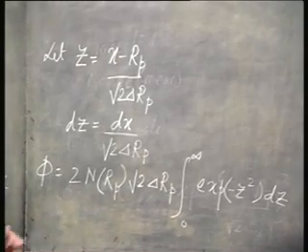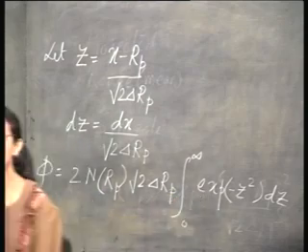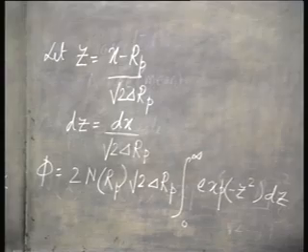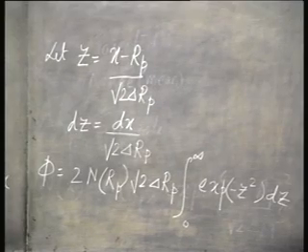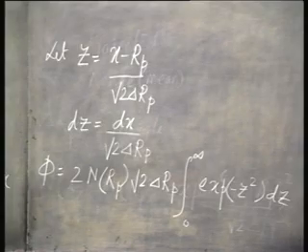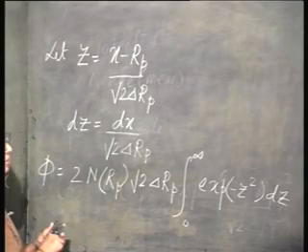What is the value of this definite integral? The integral of exponential minus z square dz over the limits 0 to infinity is root pi by 2. The value of this definite integral is root pi by 2.